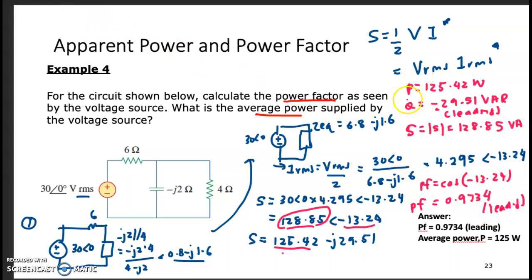Or you just stick to one: if your Q is positive, this means lagging, or if your Q is negative, it means leading. Okay, so this is the same, leading. So this is how you're going to solve for the apparent power and the power factor.